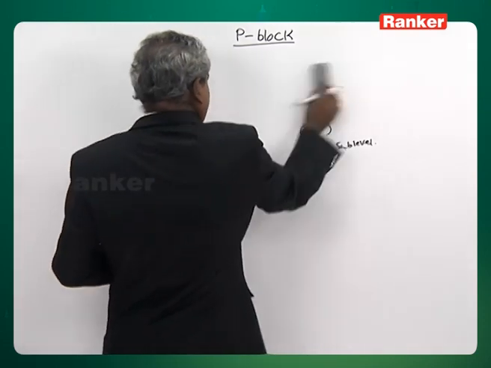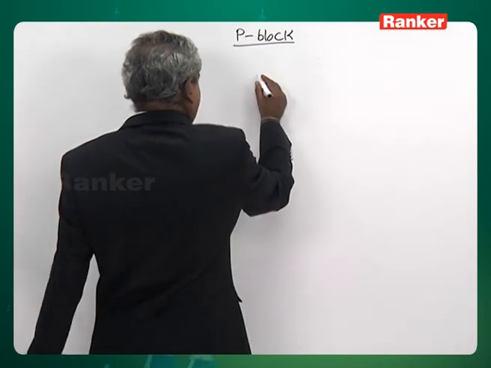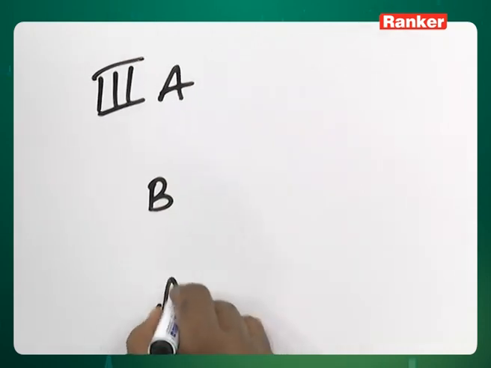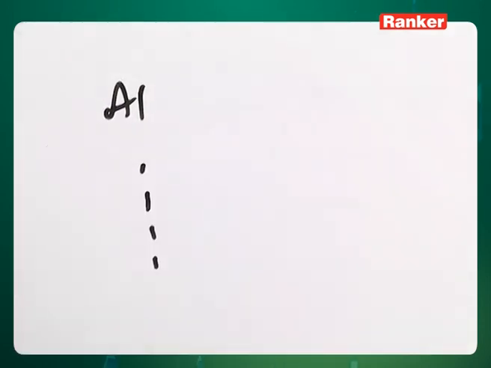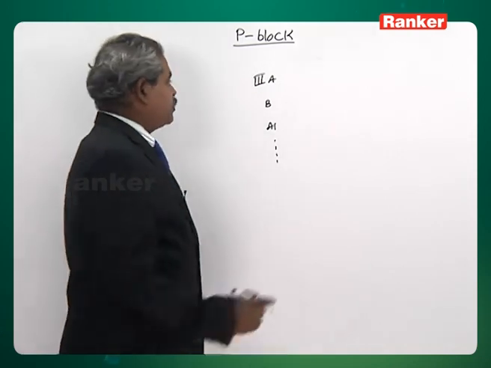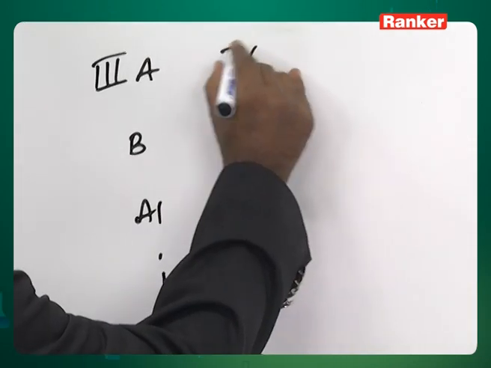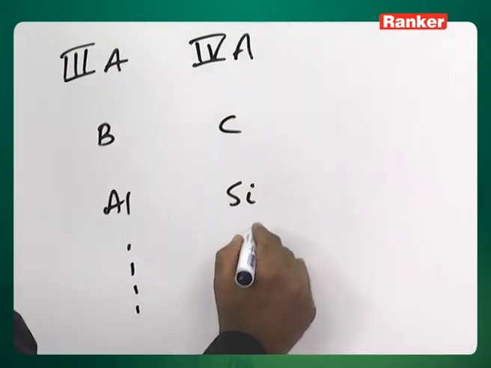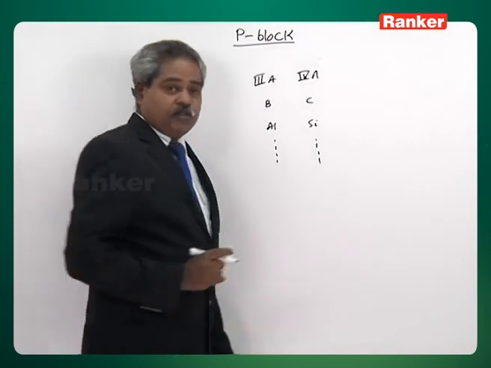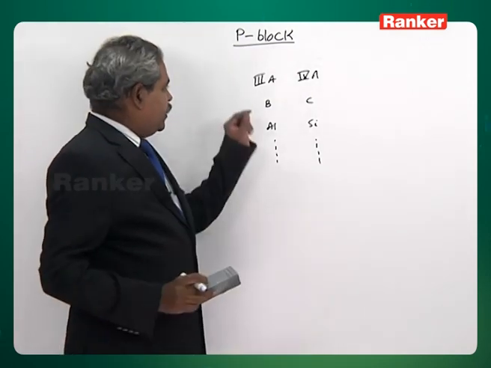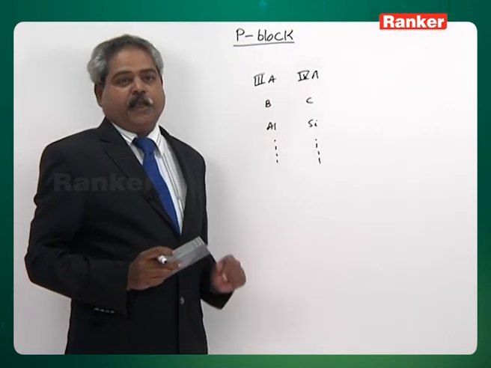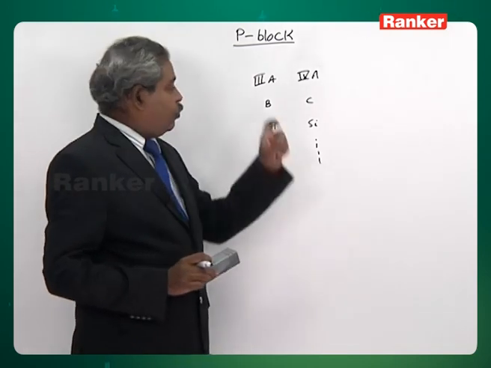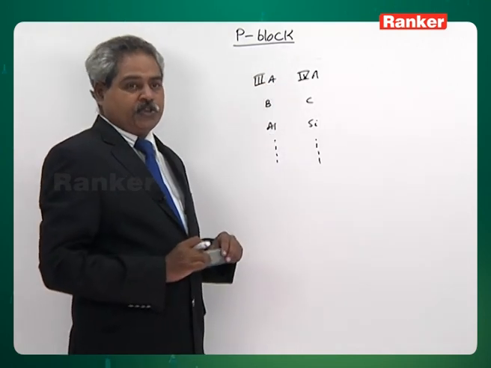That is 3A, the elements of 3A, which start with boron, aluminium, etc. And elements of 4A, carbon, silicon, germanium, stannum. In fact, you need to memorize the elements. Very important. The group number. In fact, the Roman numbering is more important than anything else.